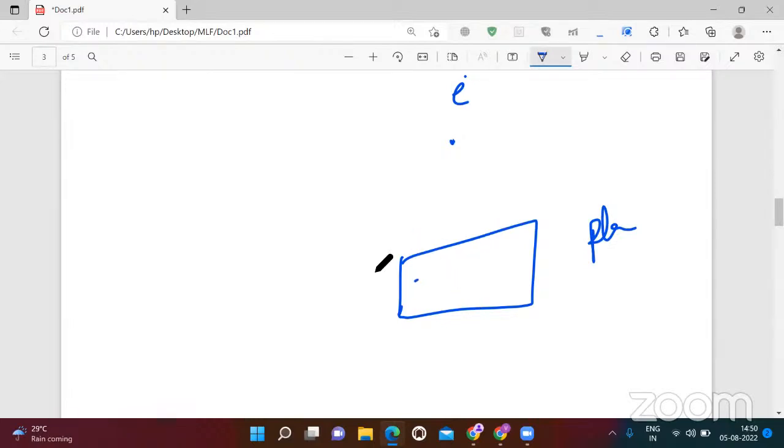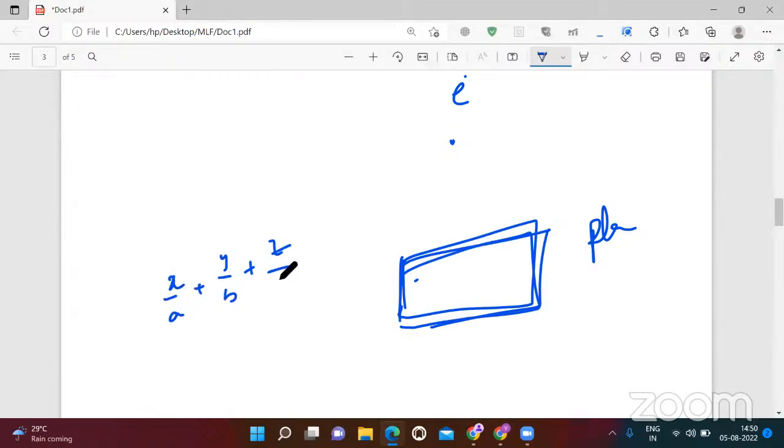I know the basic concept of the plane: if the equation is x upon a plus y upon b plus z upon c, then a, b, c represent the direction ratio of the perpendicular direction. I need to get the minimum distance from this plane, so I put some value x, y, z, and this is the distance.